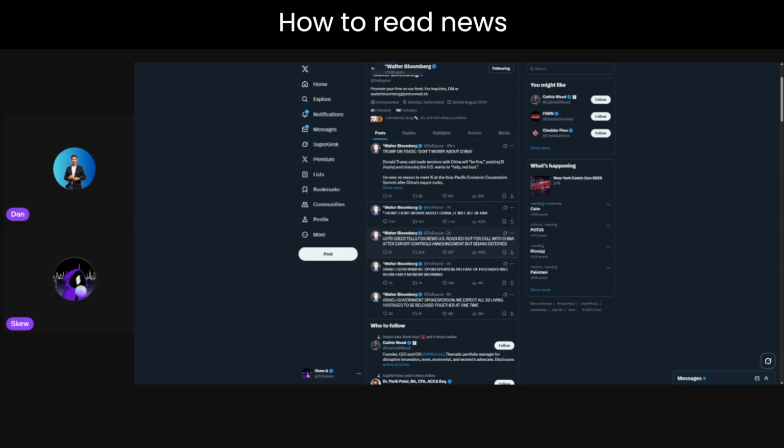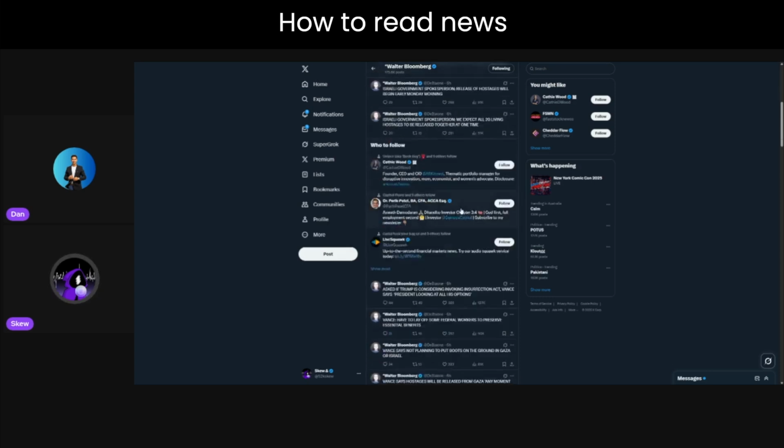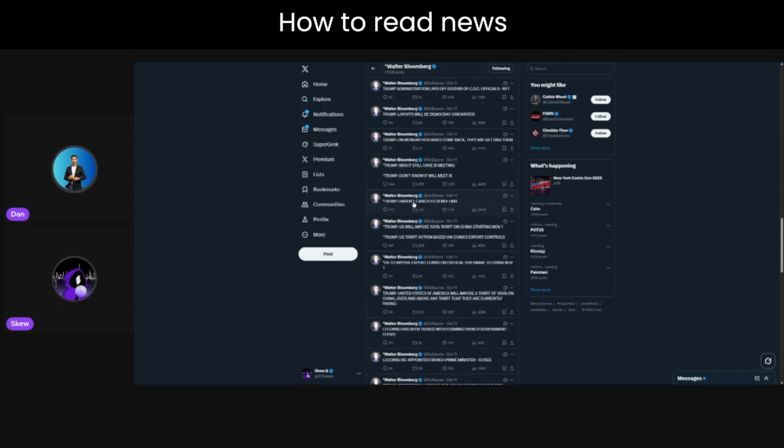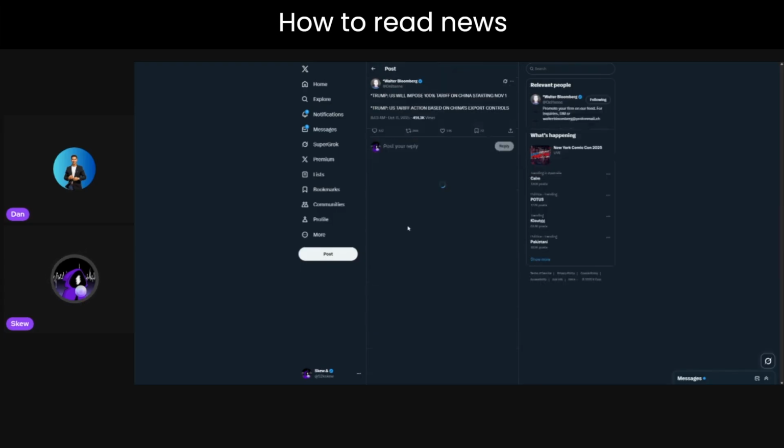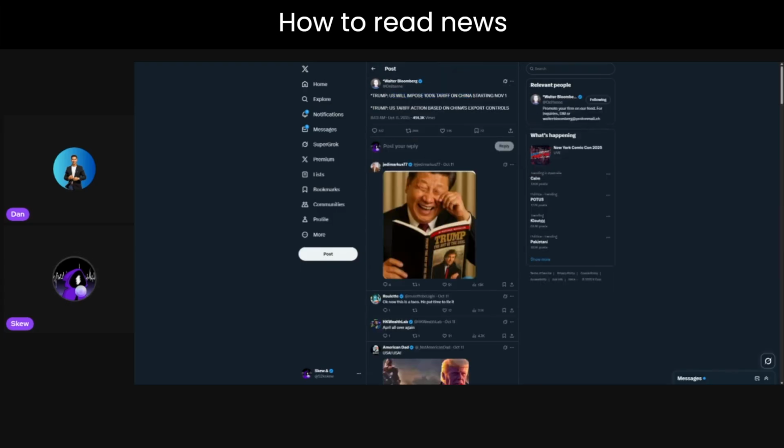So we can see within these headlines, don't worry about China, it'll all be fine, as well as other US leaders de-escalating what led on Friday. There was also a meeting canceled, which was more de-escalation stuff. But this was the main one: US will impose 100% tariff on China. Yeah, I saw that in a bunch of headlines as well.